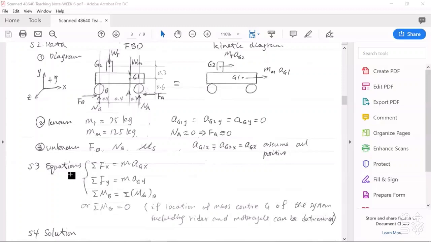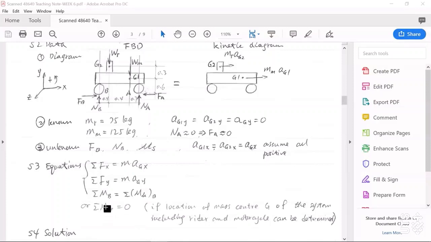Okay, equations. For the translational component, we have these two equations. For the rotational component, the calculation can be about point G and can be about another point. In this problem, we can select point B. Point B is the contact point between the rear wheel and the ground.